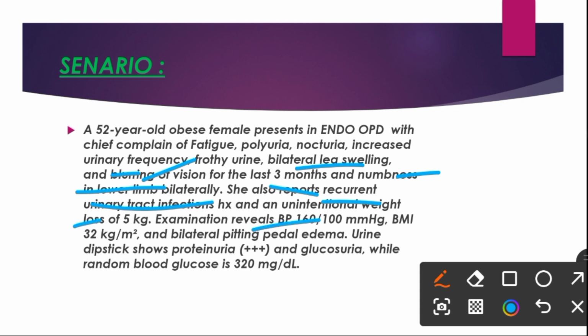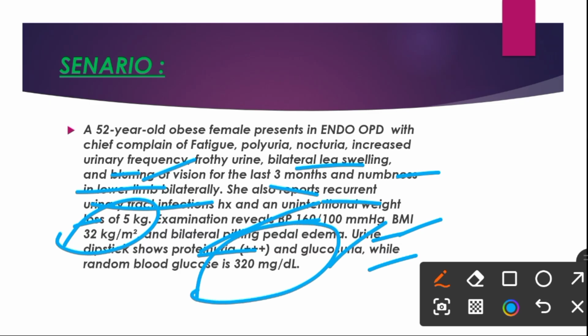On examination, she is hypertensive, and the BMI is 32, meaning that she is a grade 1 obese patient, and she has bilateral pitting edema, and the urine dipstick check shows plus 3 proteinuria, meaning that she has also developed nephropathy, and glucose in the urine, while her RBS is more than 320 milligram per deciliter.